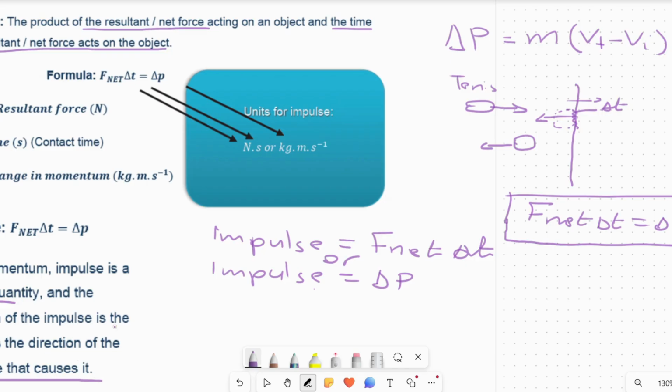That is very, very important to understand. So what is the SI unit? Obviously it is newton seconds, or kilogram meter per second. It's the same SI unit as momentum. So that is what the impulse is.